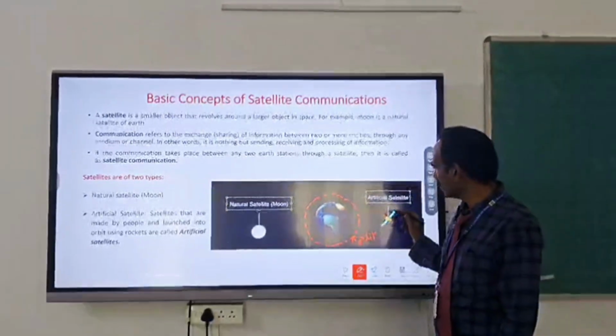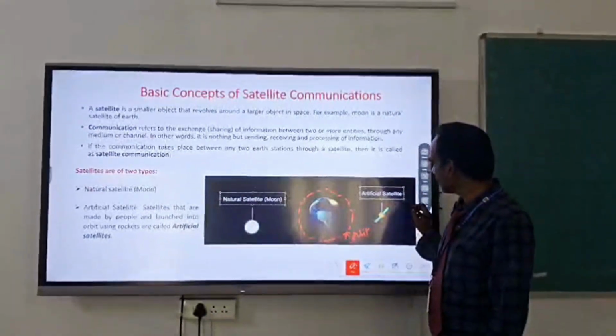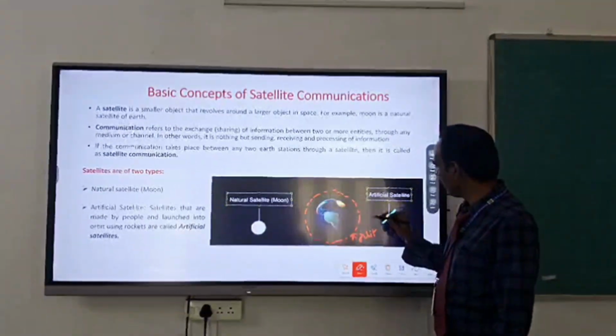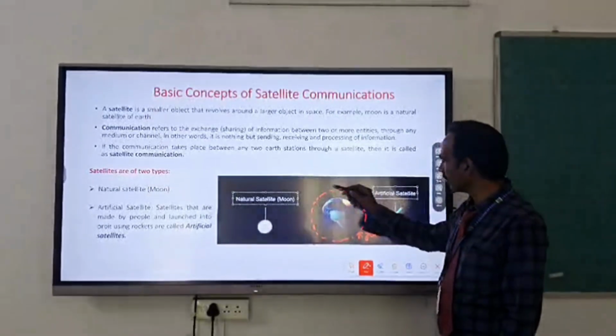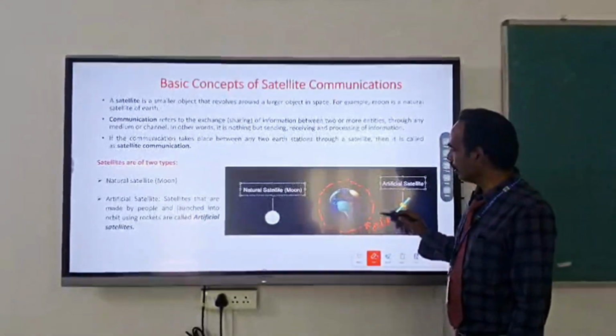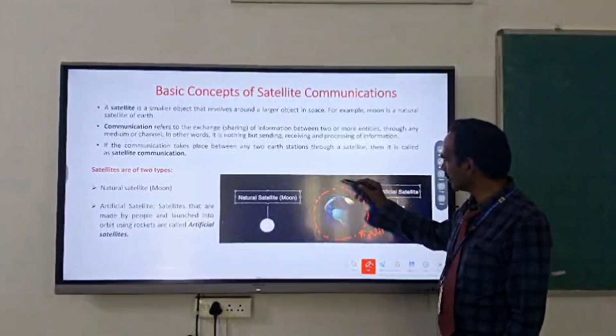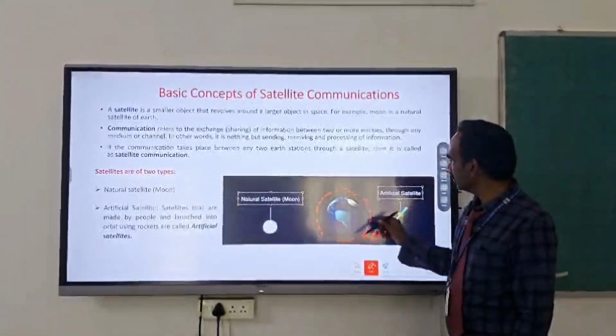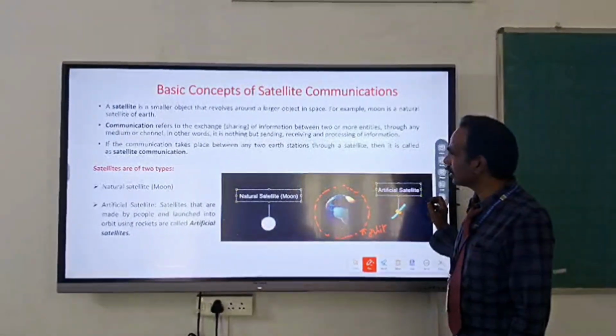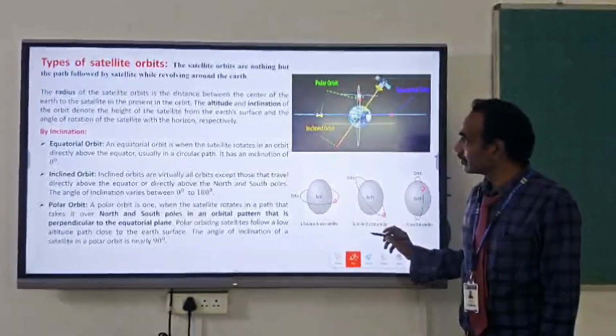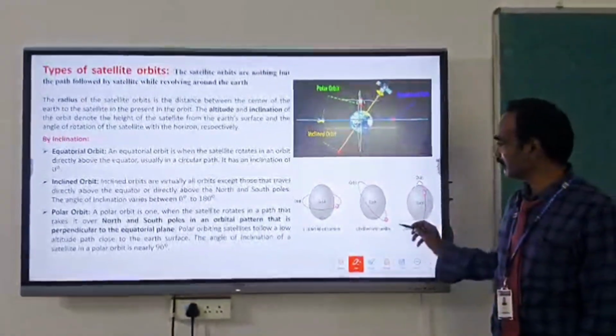Example is the moon. Similarly, any man-made satellite that we place in an orbit that also revolves around the earth to monitor the atmospheric conditions or to provide GPS, this kind of satellite we call an artificial satellite.